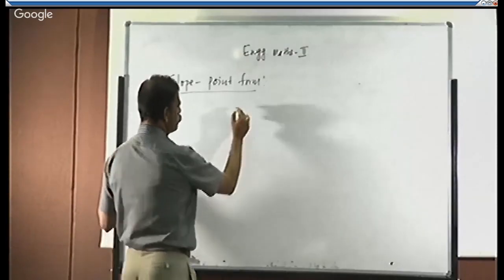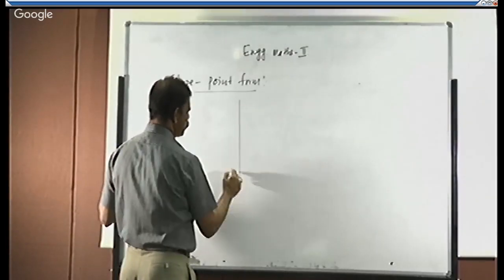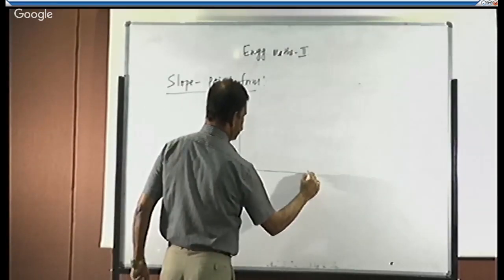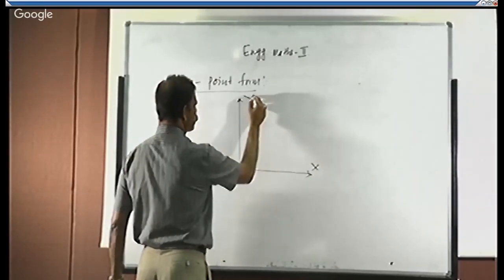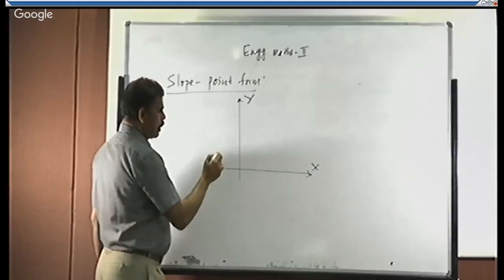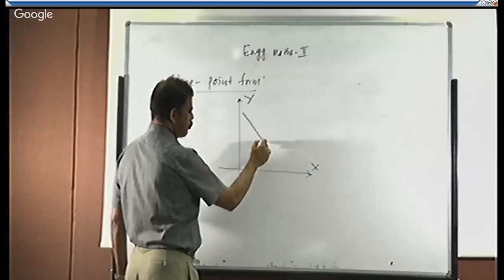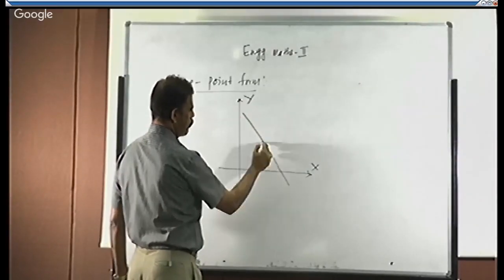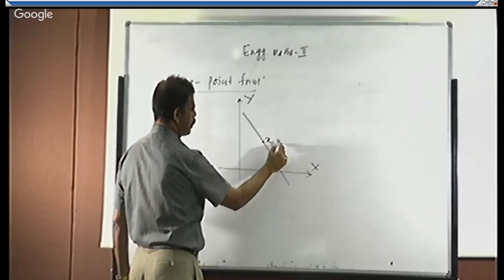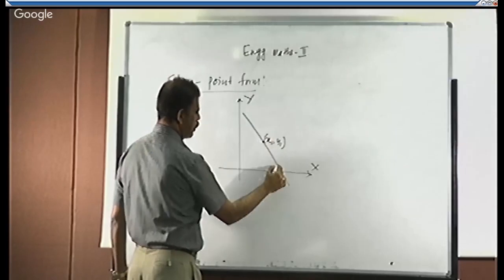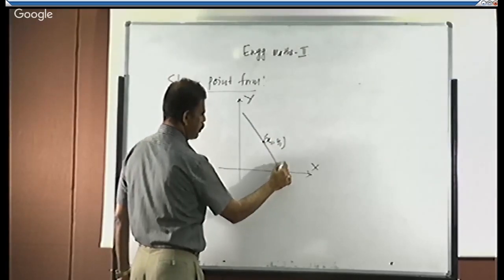See this diagram. This is the xy plane, x-axis and y-axis. A line is passing through a point x1, y1 and having the inclination theta.